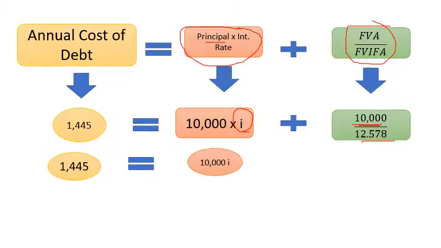Okay, so the interest payment is 10,000 I plus 795. 795 is the annual deposit in the sinking fund.